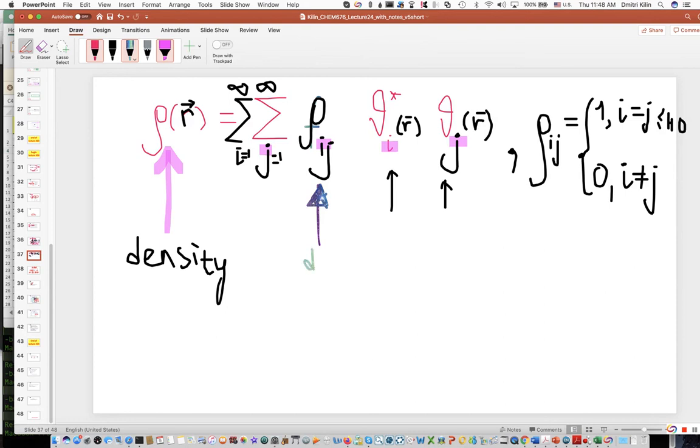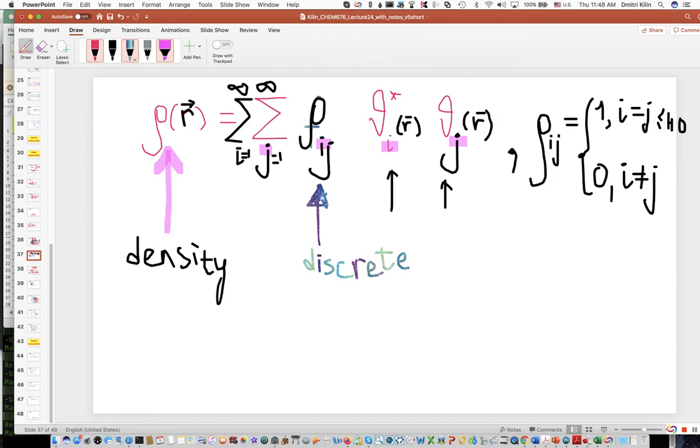Because it depends only on indices. Discrete. So it is an object, a set of numbers with two indices. What is the typical name for a set of numbers with two indices?